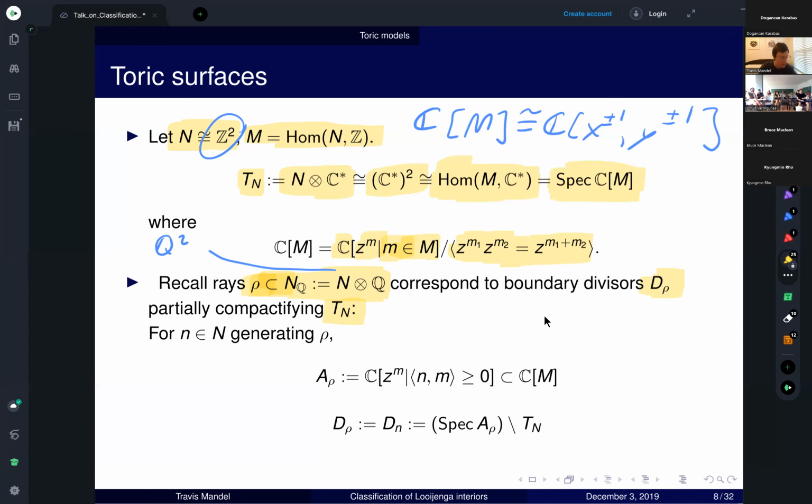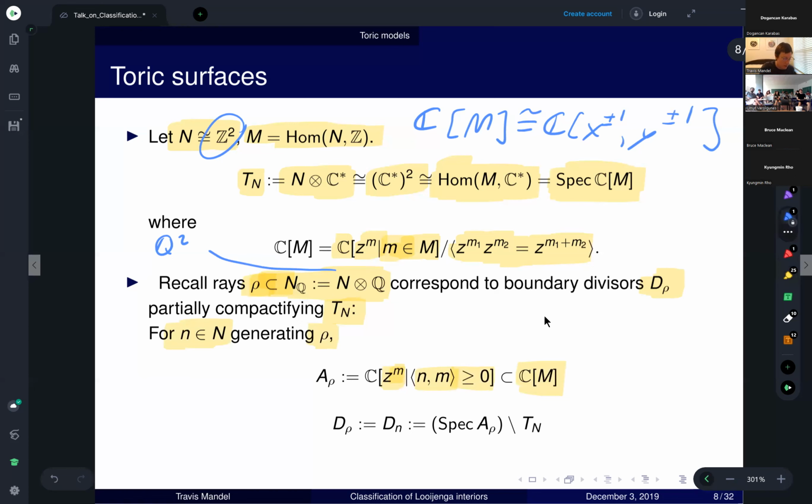So, how exactly does this work? Let's choose a generator n for the ray rho. Let A_rho denote the subring of C adjoin M generated by the monomials z to the m, where m has non-negative dual pairing with this generator n.